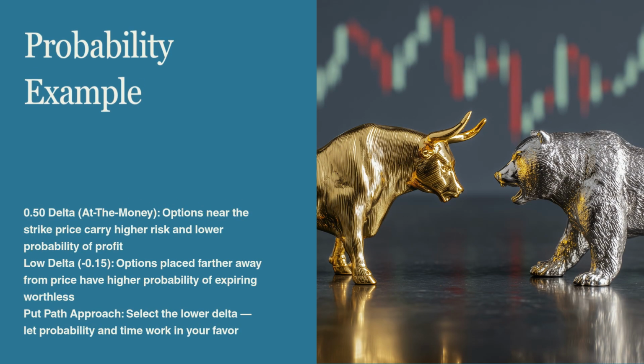A lot of traders play around with the 50 delta or at the money position. We opt to go far out of the money. We choose a minus 0.15 delta, which gives us that 85% probability of profit. The closer that you get to the money, it's true that you will have a higher premium collected.